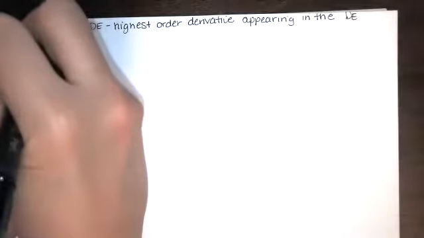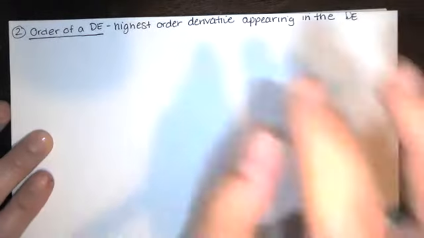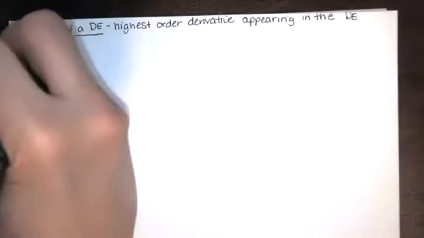If you've had to take the derivative twice, even if it's a partial derivative, it counts as a second order derivative.